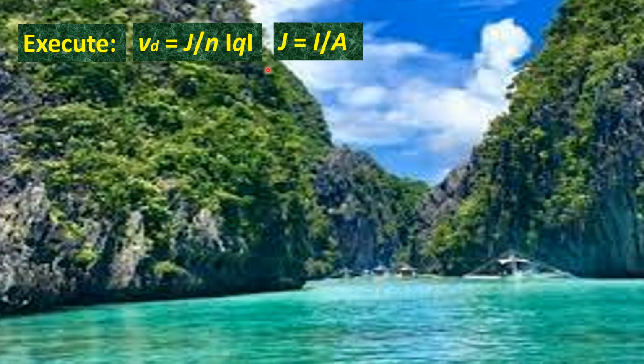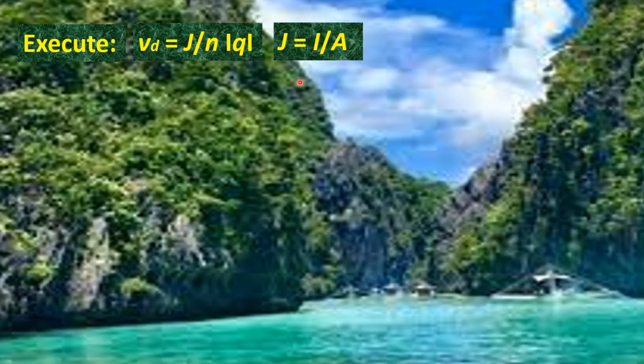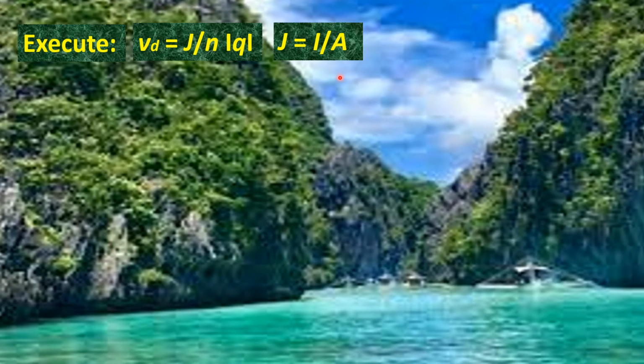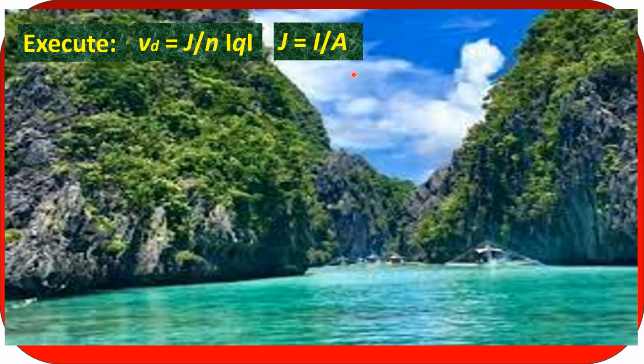And we also said that the current density, capital J, is just equal to the current, capital I, divided by the cross-sectional area, capital A, right?